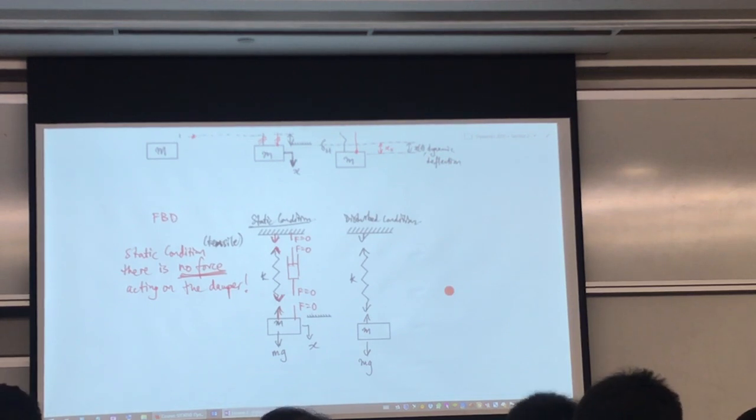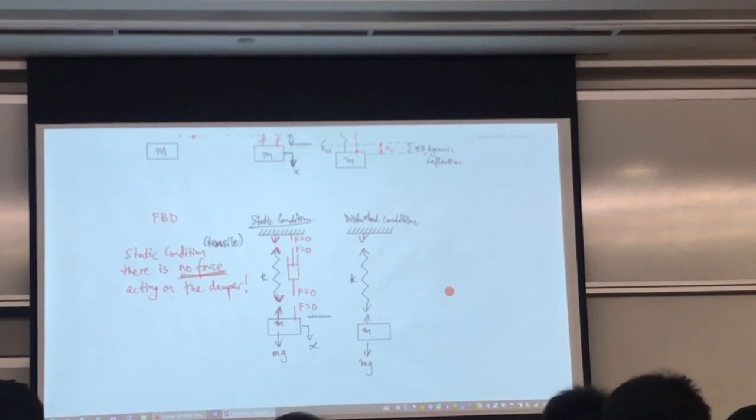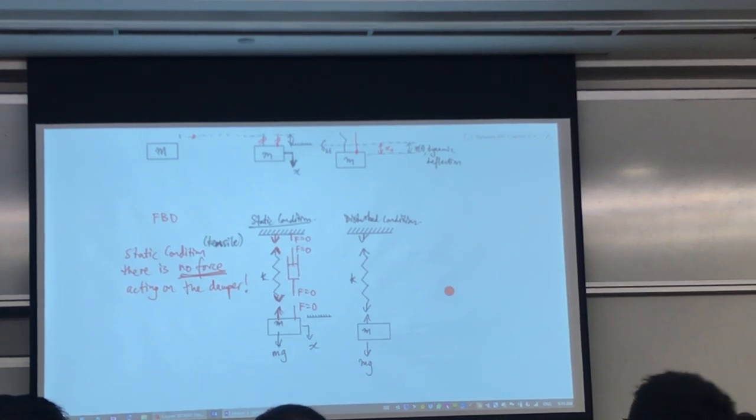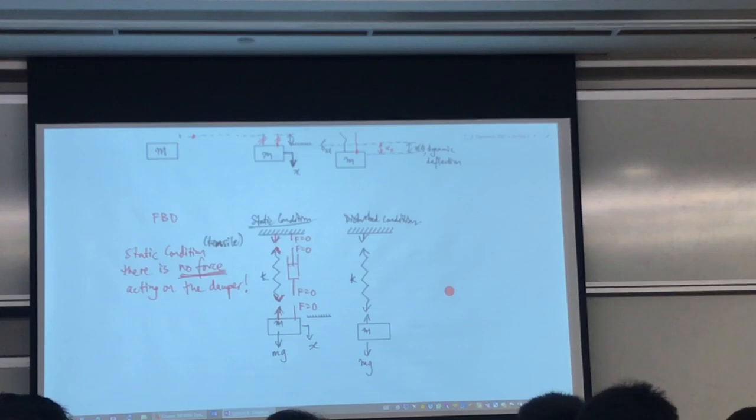That's for the static condition. Why is that so? Because the damper, if you don't move it, then it doesn't provide any damping force. That's unlike a spring. With a spring, you compress it and stay there, you still get that spring force. For a damper, you compress it and stay there, then you wouldn't find there's any more force. It's only when you are pressing it, in the process of pressing it.